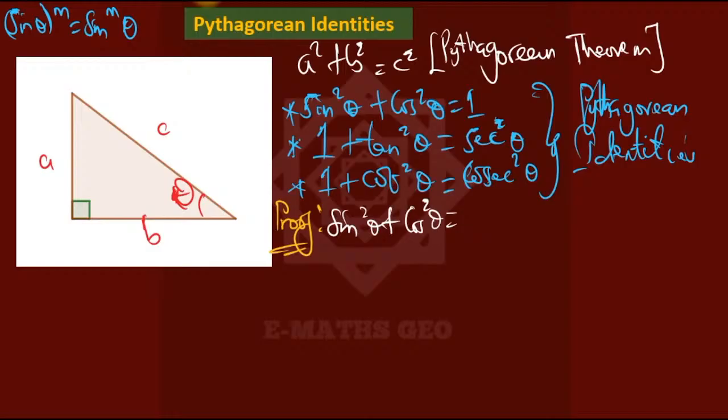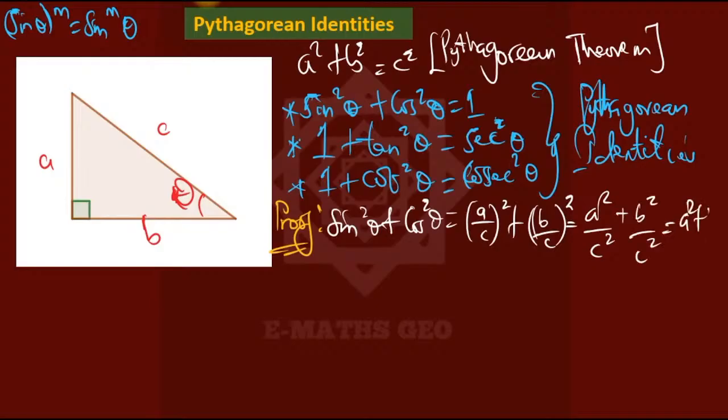Sine is opposite over hypotenuse, which is A over C, not B. A over C all squared plus B over C all squared. This is now A squared over C squared, plus B squared over C squared.